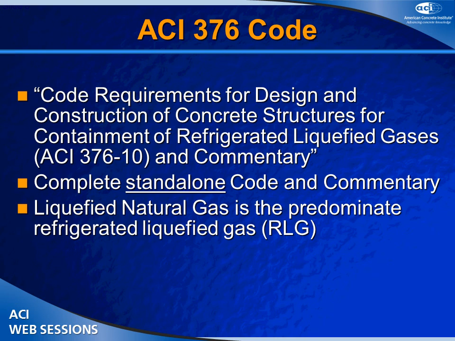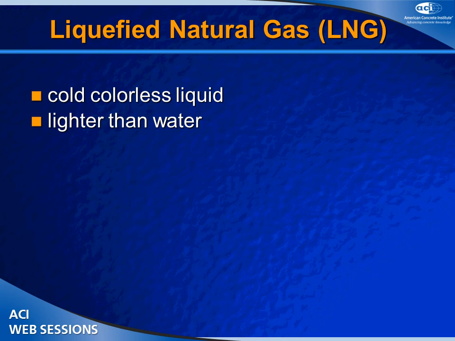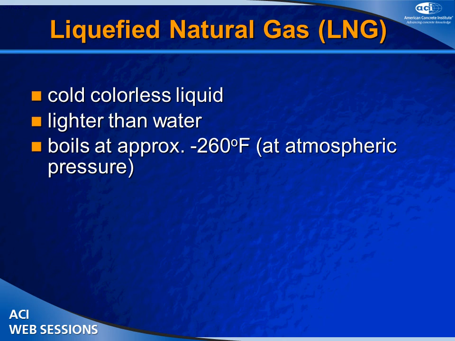We are RLG in the title, but in actuality, the majority of the tanks, the big tanks that are going in, are liquefied natural gas, LNG. Talking about LNG, it's a clear, colorless liquid, lighter than water, and it boils at a very warm minus 260°F at atmospheric pressure.